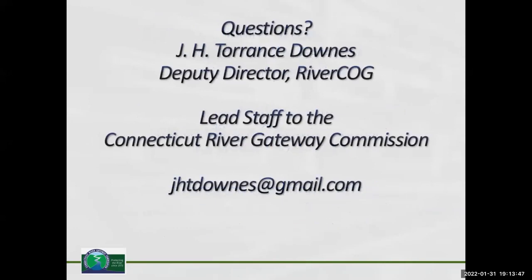So that's my basic background of the responsibilities of the Zoning Commission and the Zoning Board of Appeals, the kind of things you'll see and the kind of responses you'll get from the Gateway Commission. And I would open up to any questions that anyone may have.